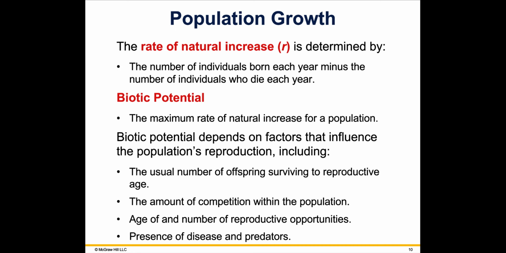But if you work through problems in your textbook or watch some videos provided, you may come across the rate of natural increase, which is represented by a lowercase r. And that is going to be the number of individuals born each year minus the number of individuals that die each year. So that's a pretty easy way to think about population.